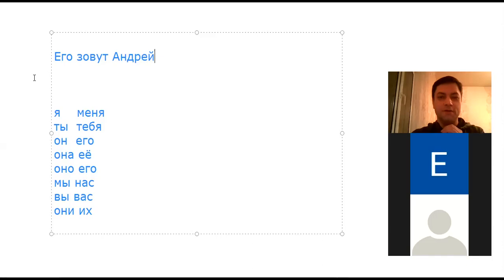In order to make a general question, the only thing you need to do is to add a question mark. And you ask, его зовут Андрей? You raise intonation on this word. Его зовут Андрей? And this would mean a question. Is his name Andrew?